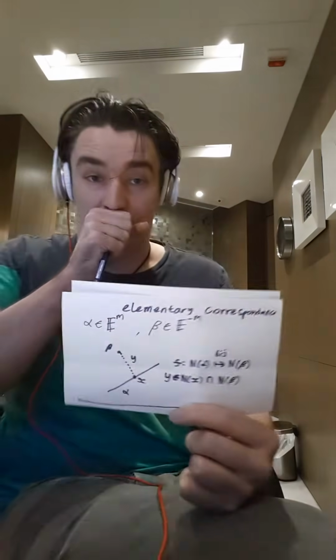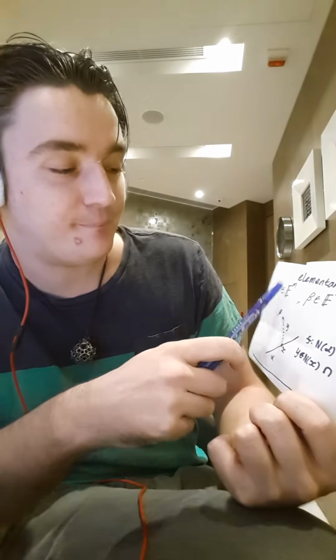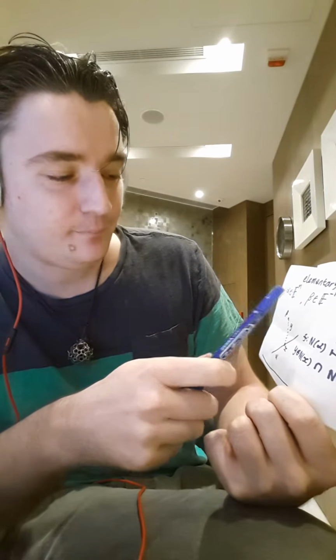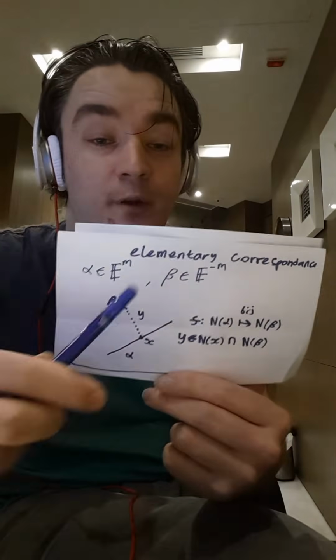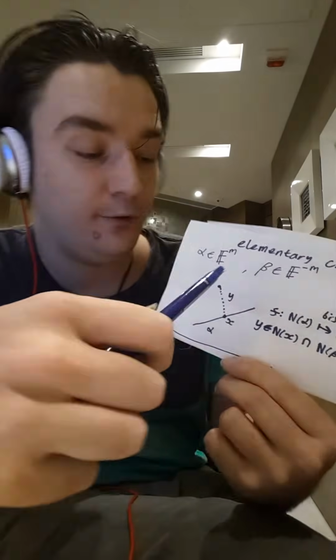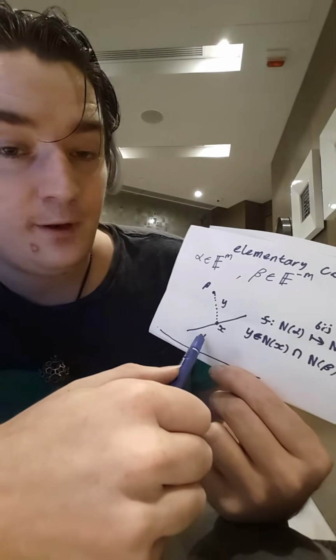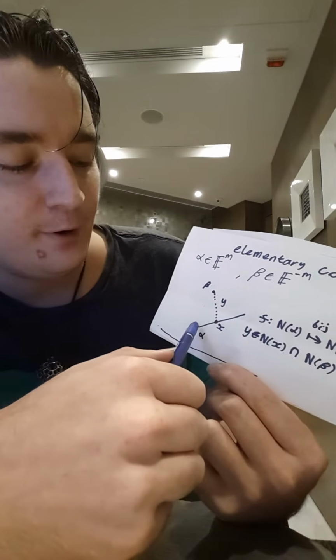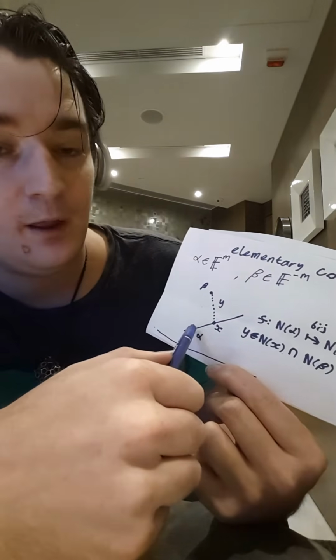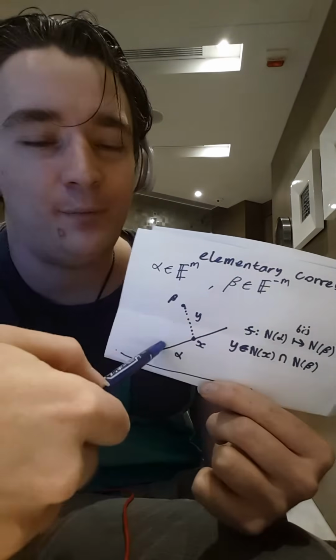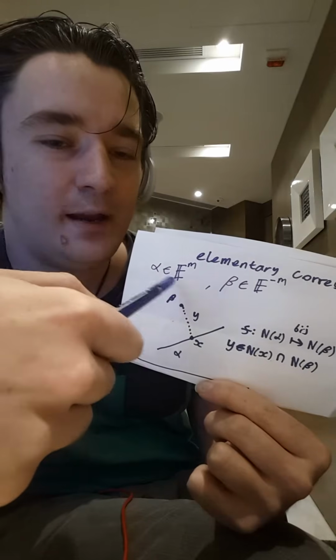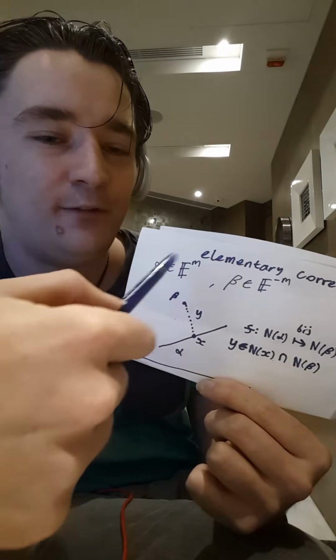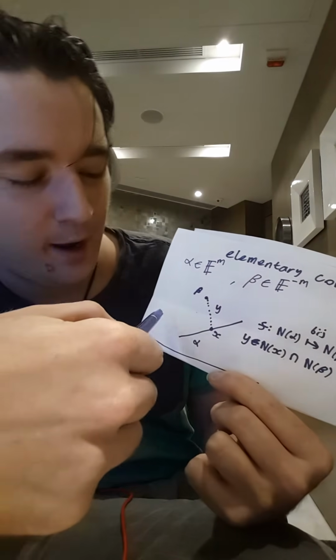Now, what we essentially want to do in this elementary correspondence is put the elements of the neighbourhood of this line. Well, for the sake of this example at the moment, I'll say that alpha's a line and beta's a point. They have to be elements of different types anyway.